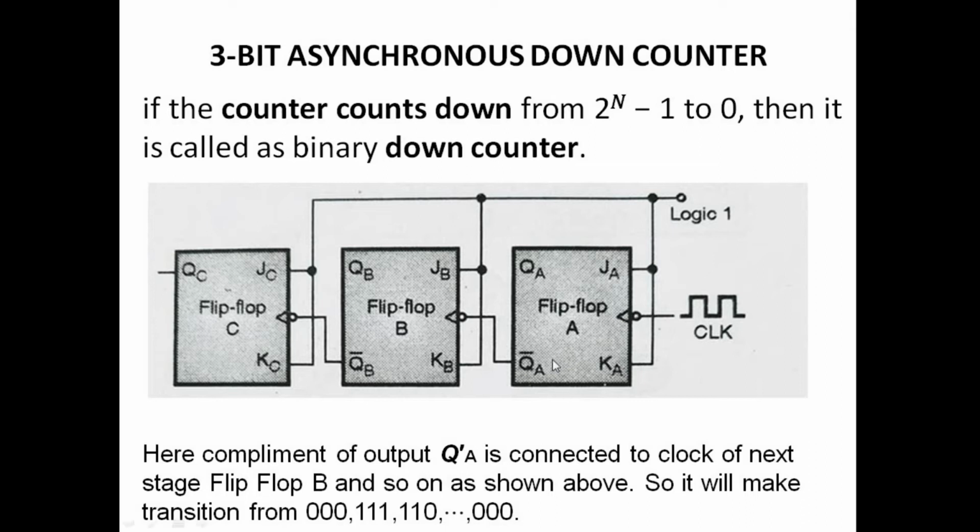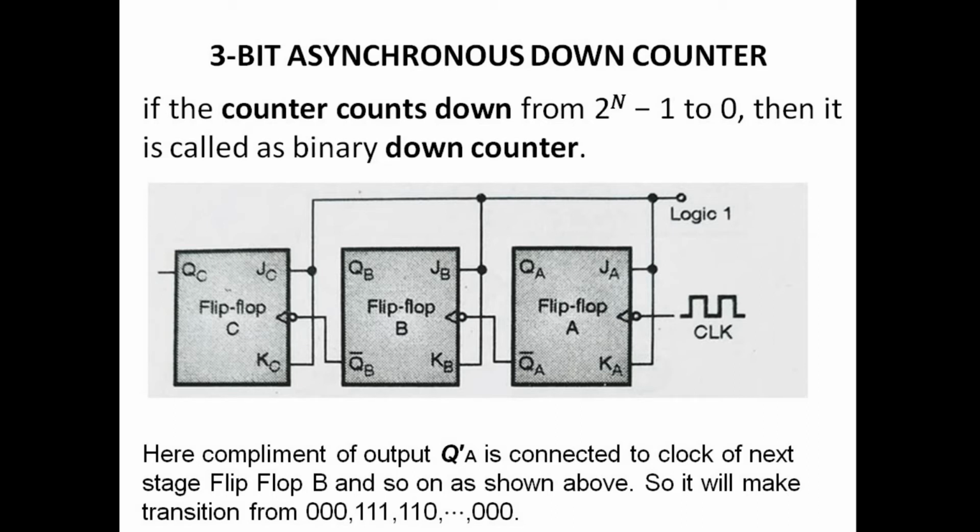Likewise, for each flip-flop, the negative output, that is Q bar, is given to the clock input of the next flip-flop, and similarly the output of flip-flop B is given as the clock input of flip-flop C. So the output of each flip-flop is triggered by the clock input from the previous flip-flop.